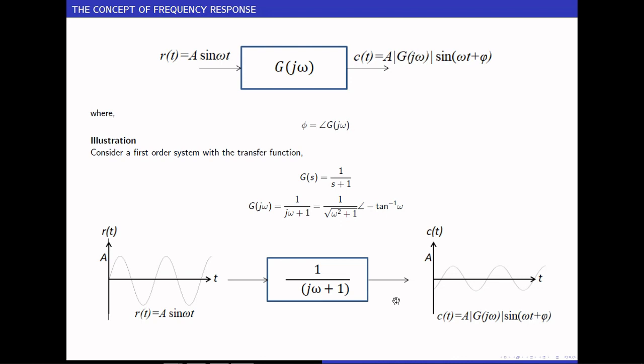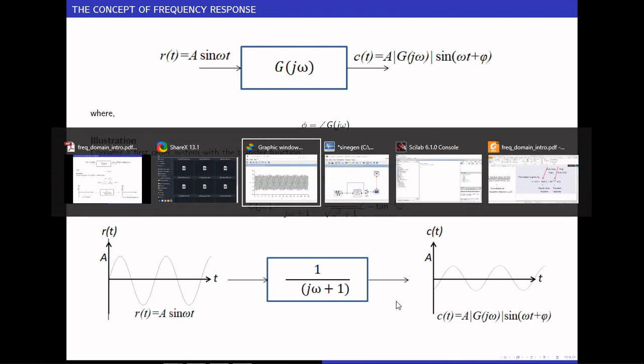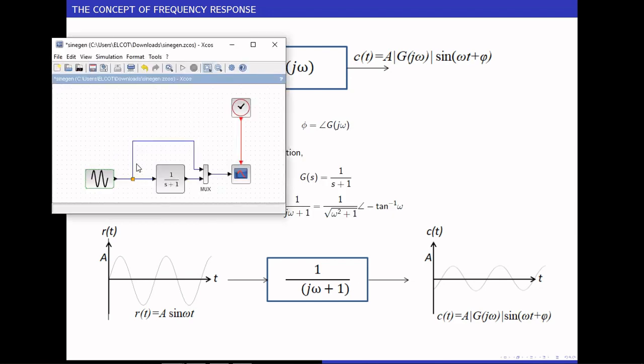Maybe to illustrate this, I will take up a small simulation. The simulation is done in XCOS, the MATLAB Simulink equivalent available in Scilab. So this is the system, and a sinusoidal input is given, and the output is taken from the system.